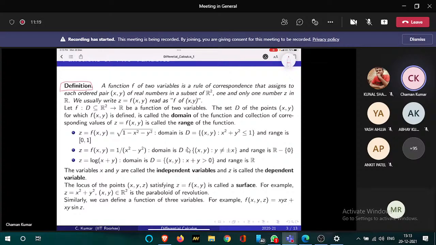We say that a function of two variables is a rule of correspondence that assigns one and only one real number z to each ordered pair (x, y) of real numbers in a subset of R2. So you take an ordered pair (x, y) and then assign one and only one number z to this. Then this is known as a function of two variables.